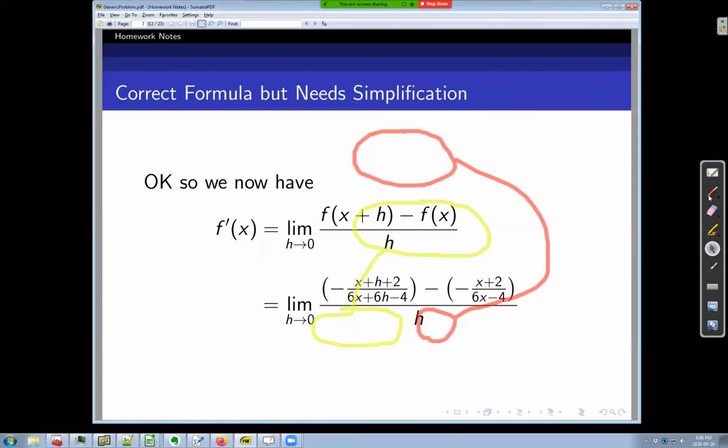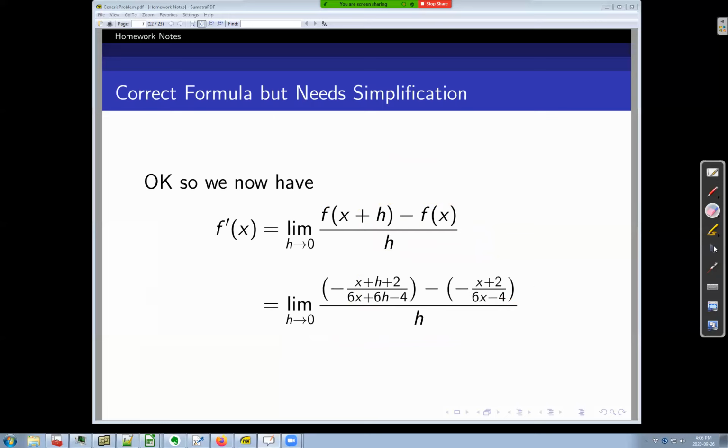All right, so let's get rid of that. So now, I've got good news and bad news. The good news is we've got our derivative here. This is the limit that we have to compute.